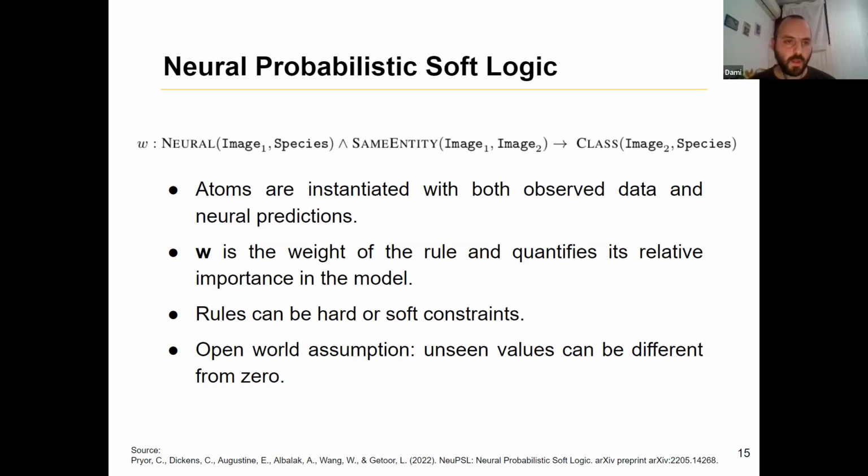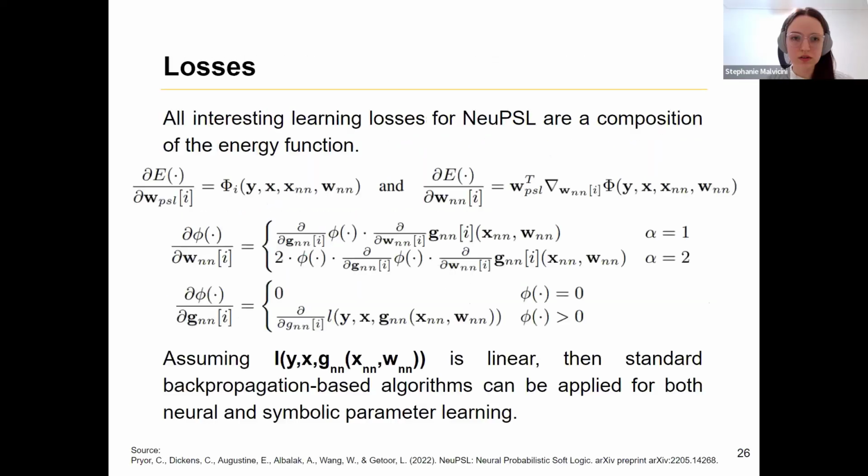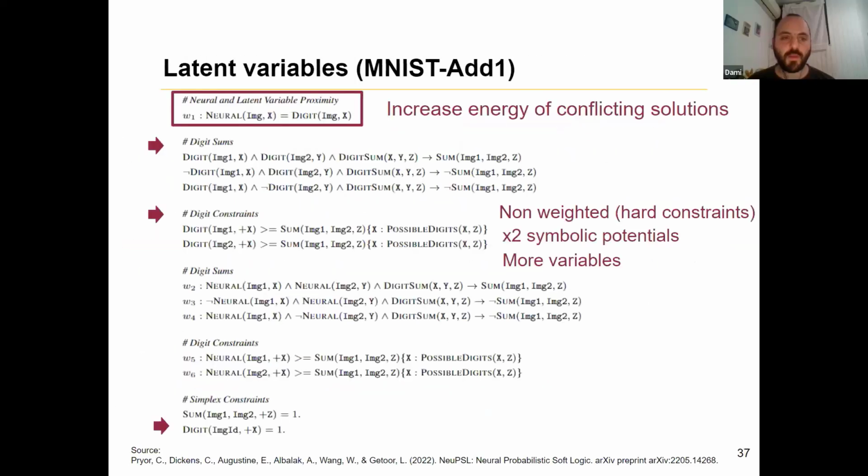No, the difference between hard and soft constraints is whether they have a weight or not. If they don't have a weight, it's assumed that the weight is 1. Here we have an example. If you're in a state where you are able to apply that rule, then you have to apply it.